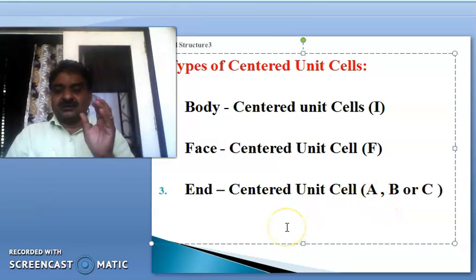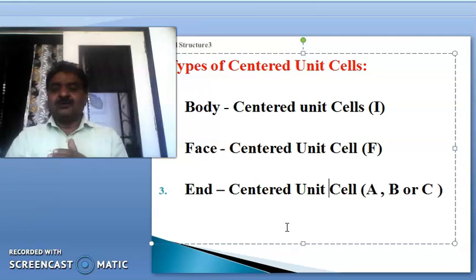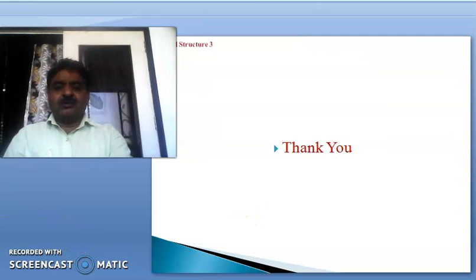All these types of centered unit cells we are going to discuss in the next lecture in detail. So remember only now what is lattice, what are the types of lattice, categories, primitive and centered.